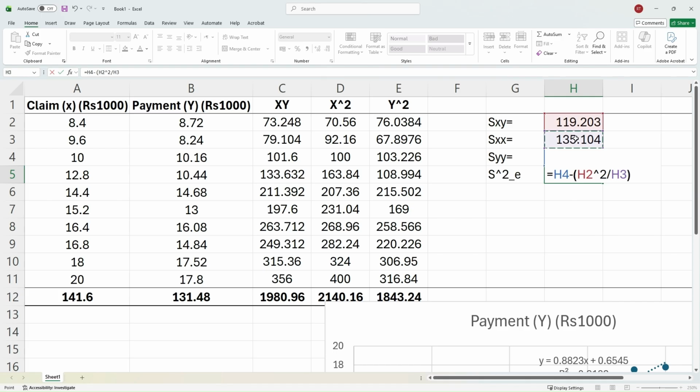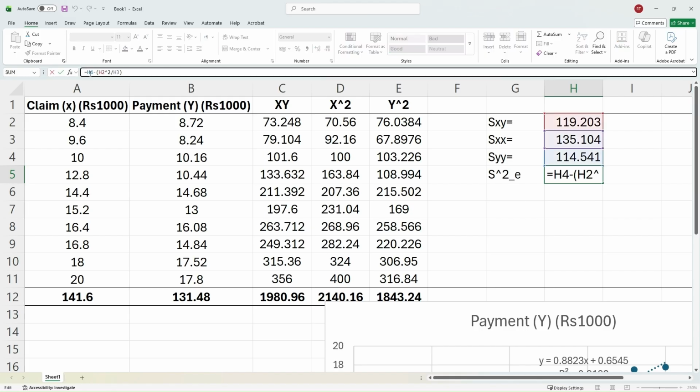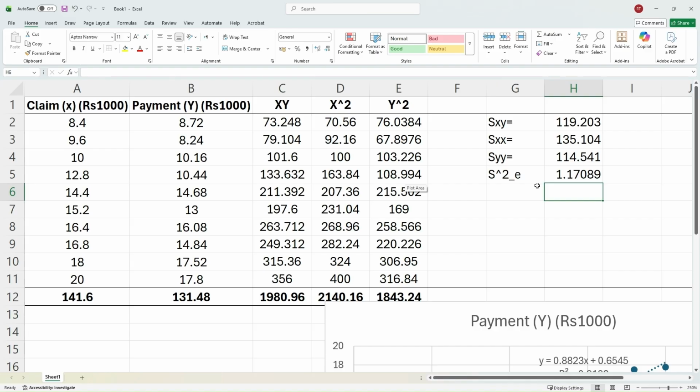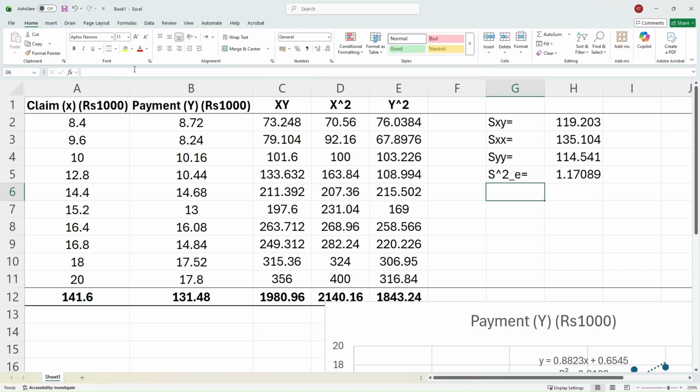And the whole thing you divide by 8, 10 minus 2, which gives you 1.17. Okay.